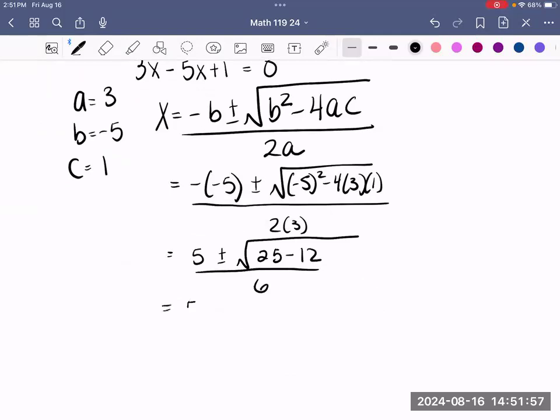So it's equal to 5 plus or minus the square root of 13 over 6. And unfortunately, nothing else simplifies. So we're going to have to trust that these two are your solutions here.